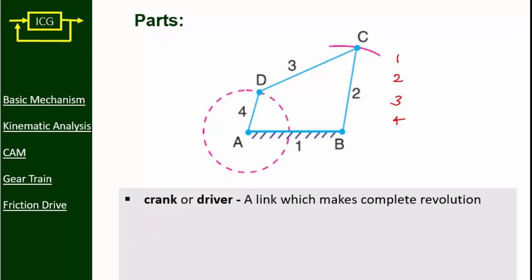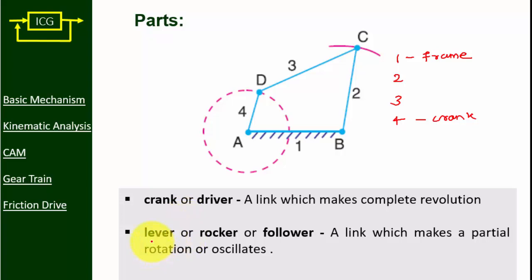First let me fix the frame. So 1 is the frame, then 4 is the crank, the smallest link which makes a complete rotation. Here the dotted line represents the animation of rotation. We always have to represent this line. It indicates that the crank makes rotary motion.